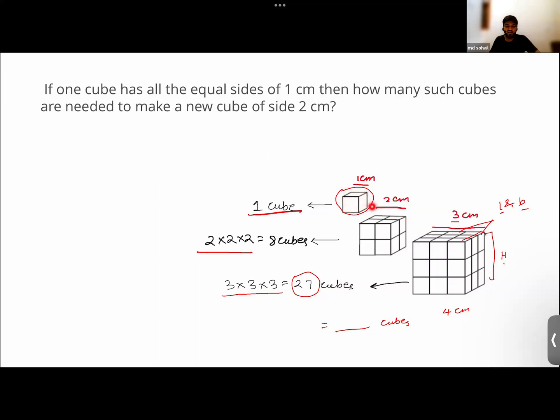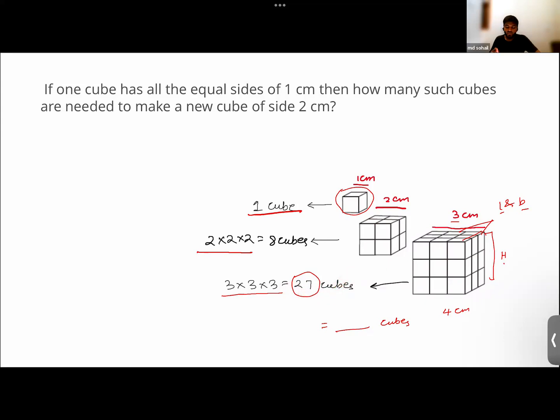So this cube has been used to make this one also. So how many cubes do we require to make a cube in which each side measures 3 centimeter? On the height, length, and breadth side, you need to put 3 cubes, so that in total you get 27 cubes.